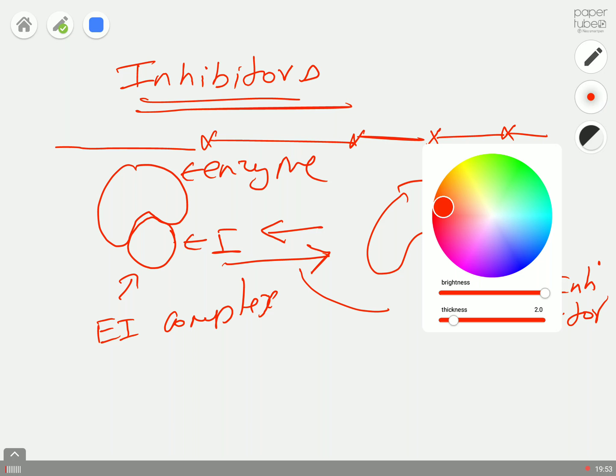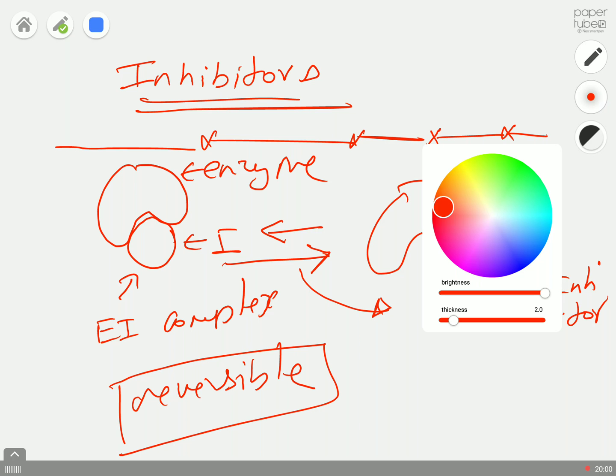This type of process is called reversible. So enzyme inhibitors can be reversible, and in some cases it may be irreversible.